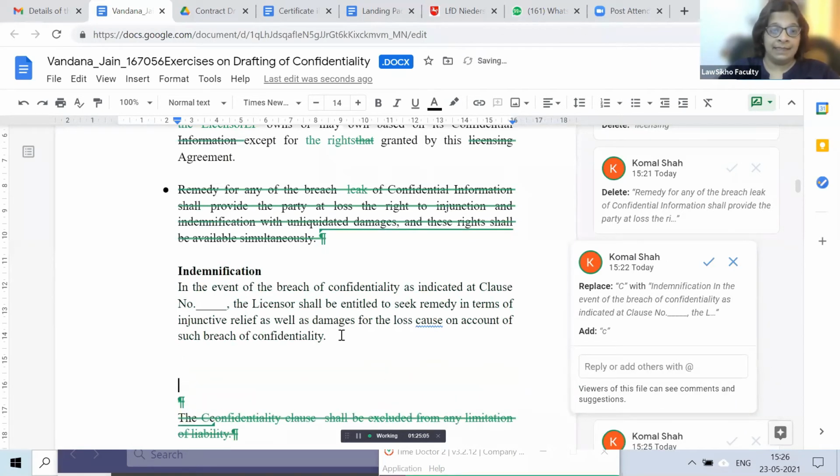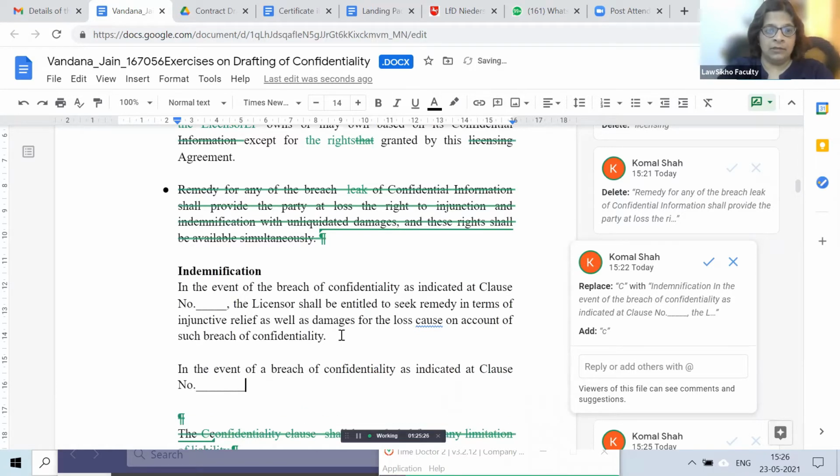The licensee, in the event of a breach of confidentiality, as indicated at clause number dash, the licensee shall not be able to claim any limitation.